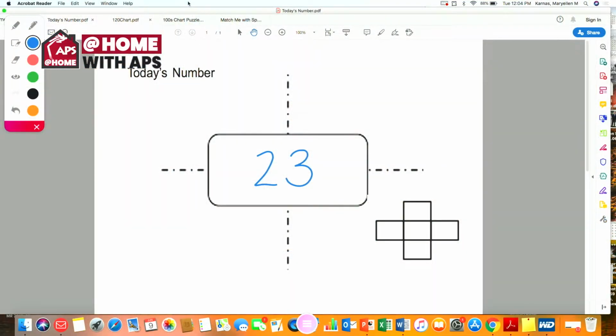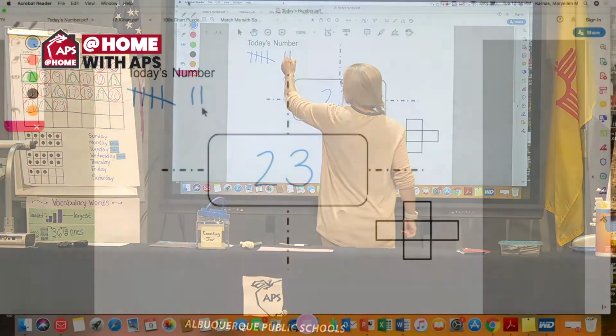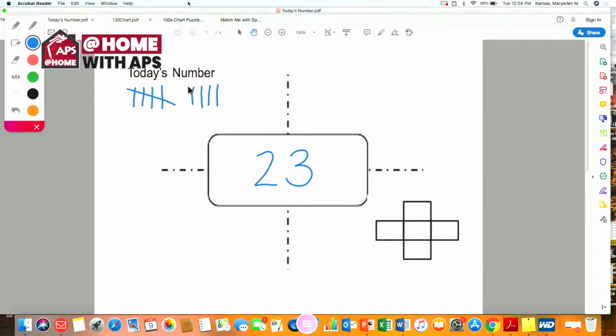We can put them in groups of 5. 1, 2, 3, 4, 5, 6, 7, 8, 9, 10, 11, 12, 13, 14, 15, 16, 17, 18, 19, 20, 21, 22, 23.